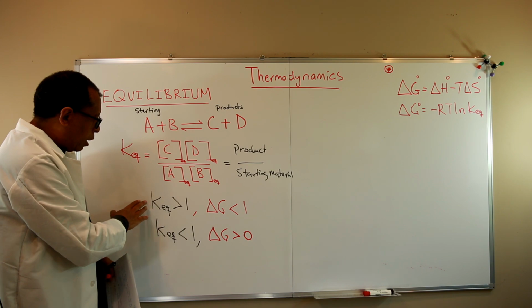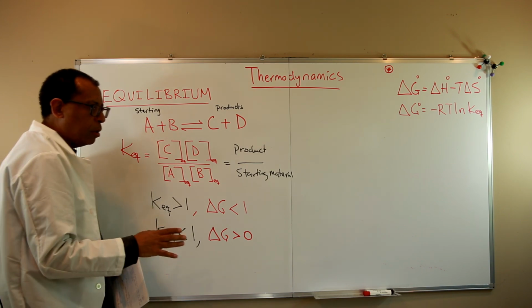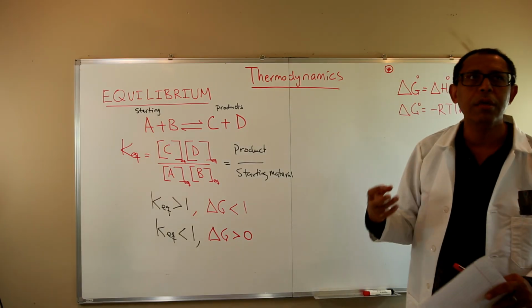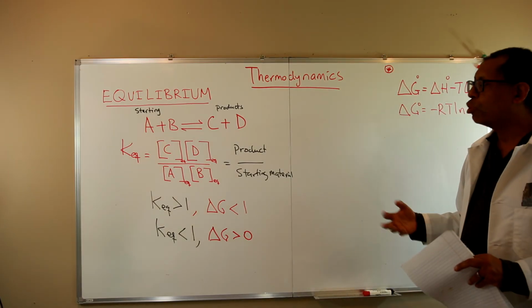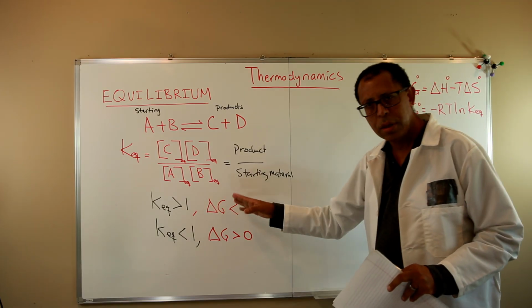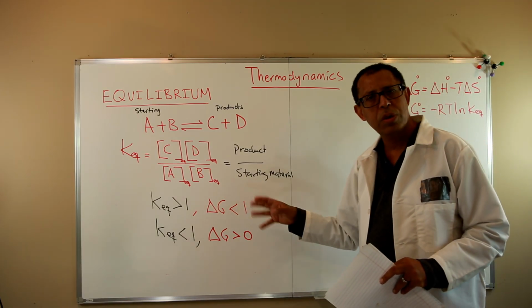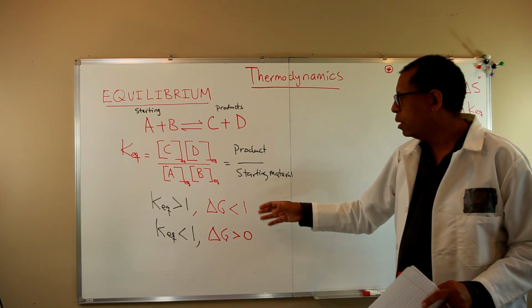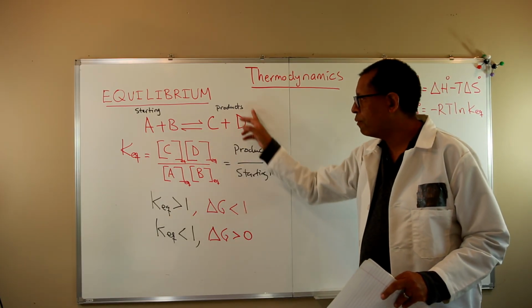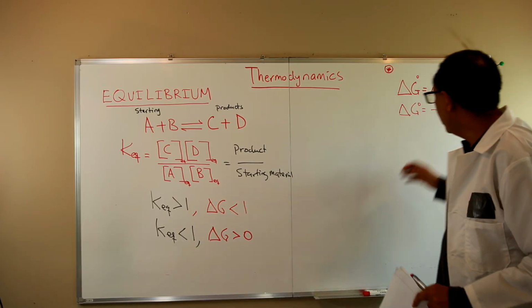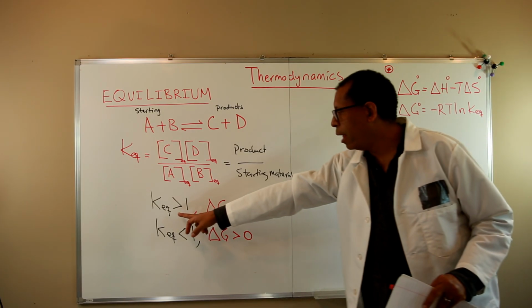So the equilibrium constant tells you the magnitude, how much the products are favored to be formed. You can also see it by the free energy. If you have a free energy which is negative, that means the formation of the product is favorable because it would give a larger K equilibrium.